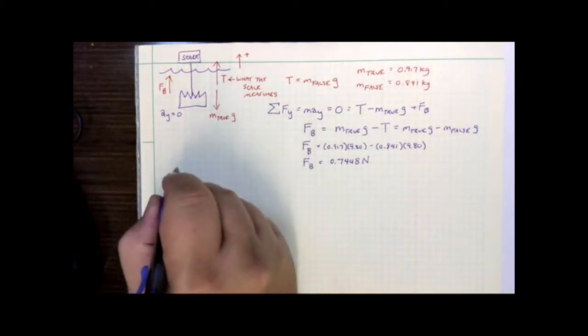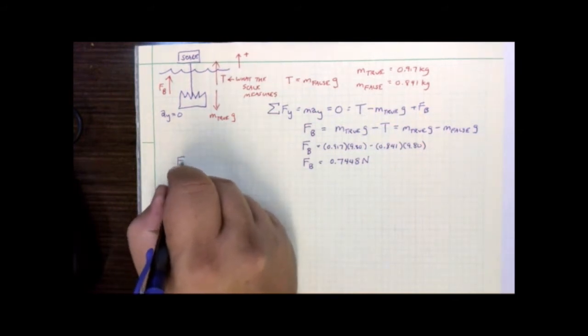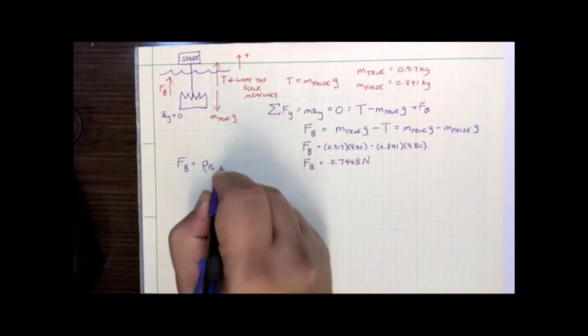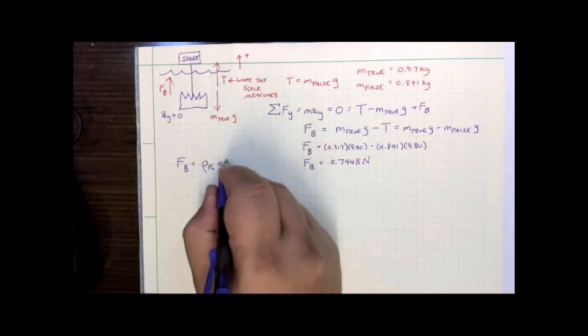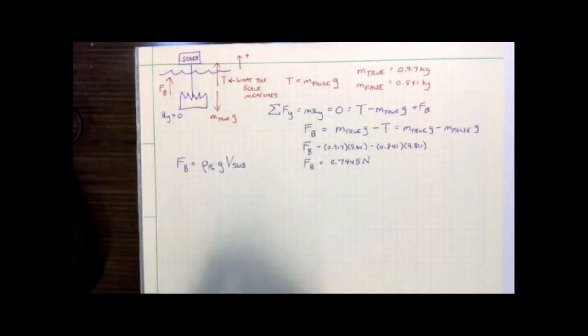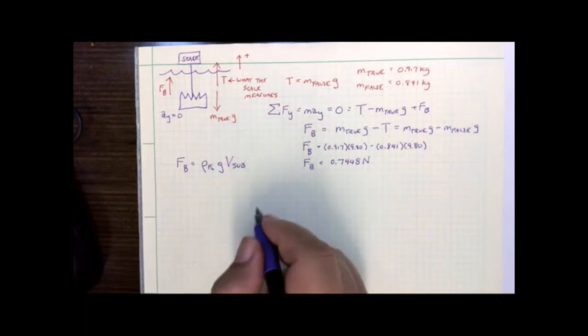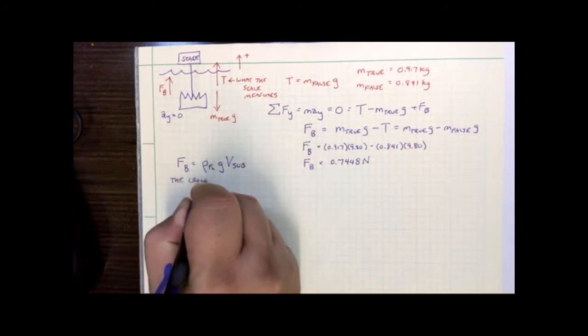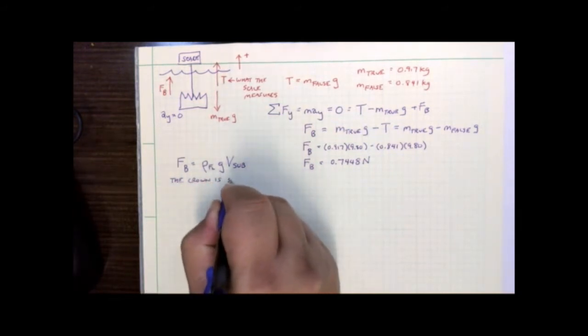Now we do have a formula for the buoyant force that says the buoyant force is equal to the density of the fluid times g times the volume submerged. In this case, the crown is completely submerged.